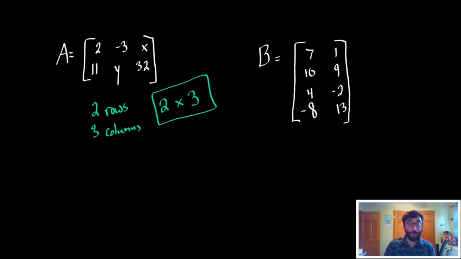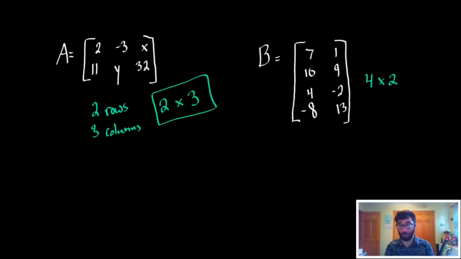That would be the dimensions of matrix A. Whereas for matrix B, notice this one has 4 horizontal rows and 2 vertical columns. So the dimensions of matrix B are 4 by 2.